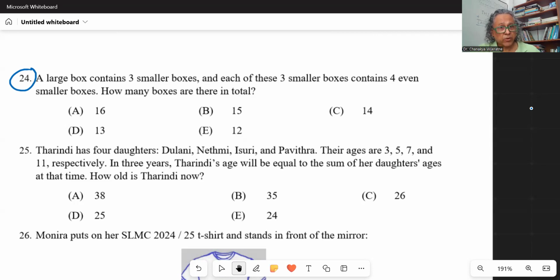So the large box contains 3 smaller boxes. So there we have actually 1 plus 3. And in each smaller box, there are 3 smaller boxes. Each of these 3 smaller boxes contains 4 even smaller boxes. So in each there are 4.